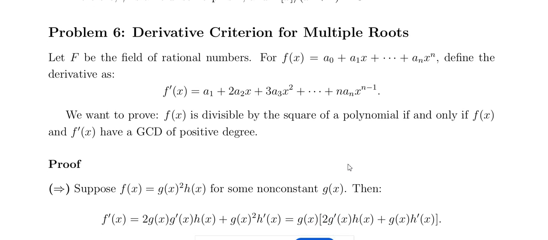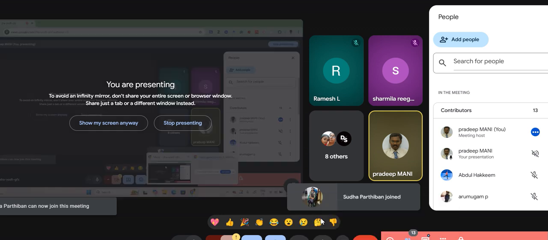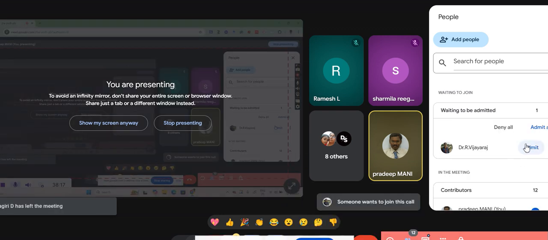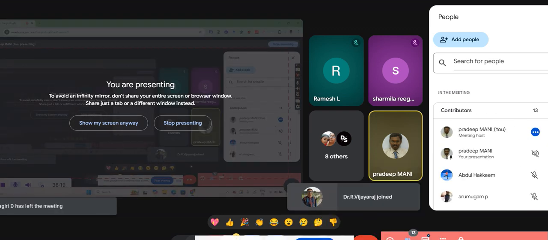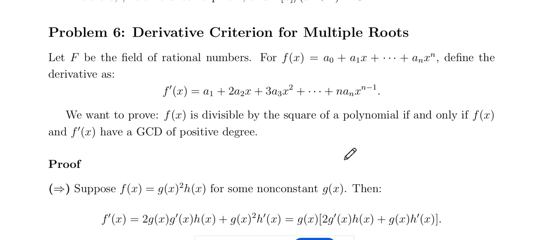So that is the derivative of the polynomial. Let F be the field of rational numbers, and f of x equal to a naught plus a1 x plus up to a n x power n. Define the derivative f dash of x.